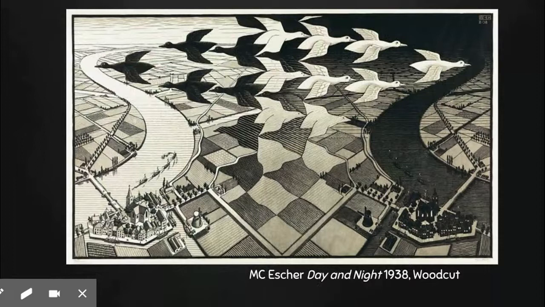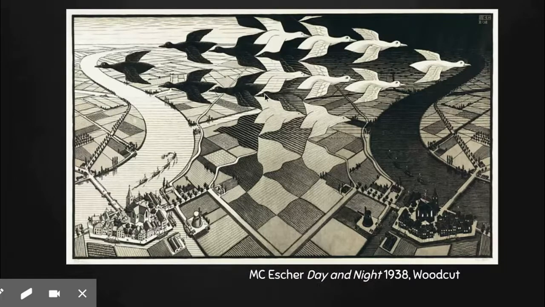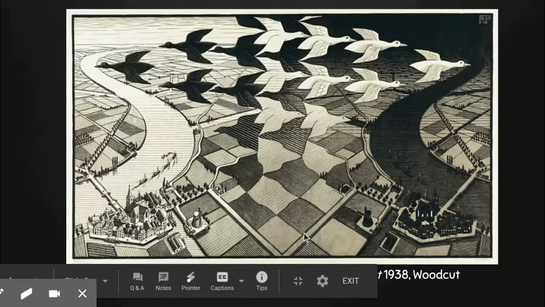And then here's another one. This is a woodcut, and this is called Day and Night. And so this one's kind of cool because you can see how the birds sort of go with each other. It's called a tessellation. I don't know if you guys have done those in middle school art, where it's kind of like a puzzle and they fit together.